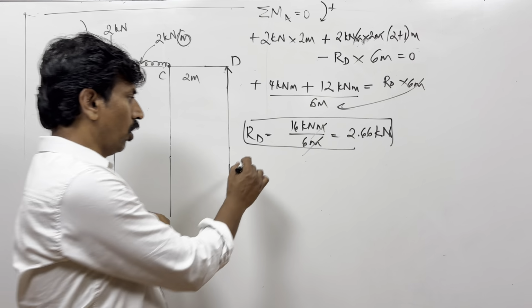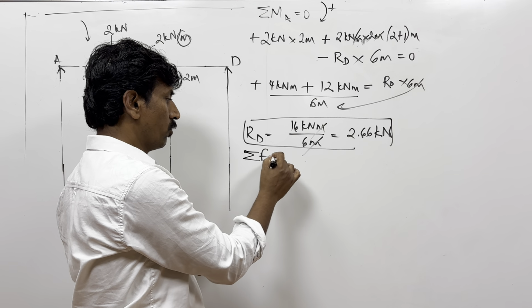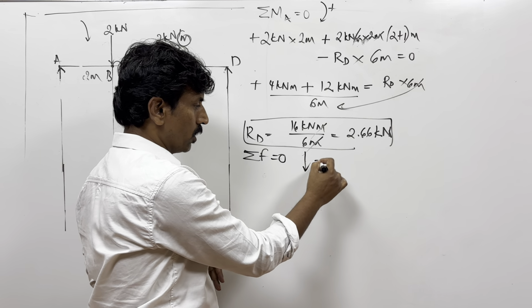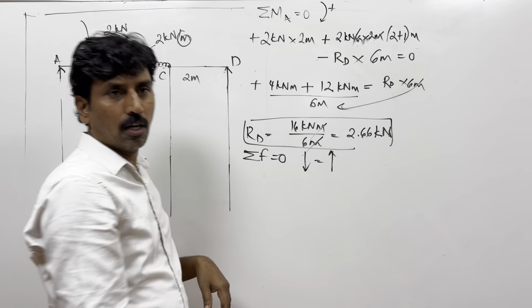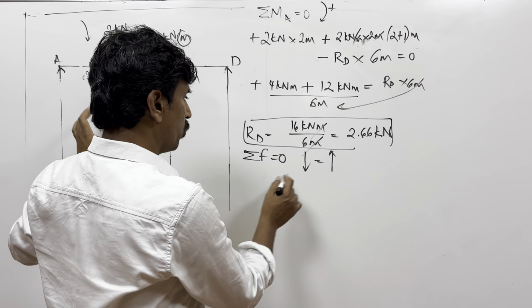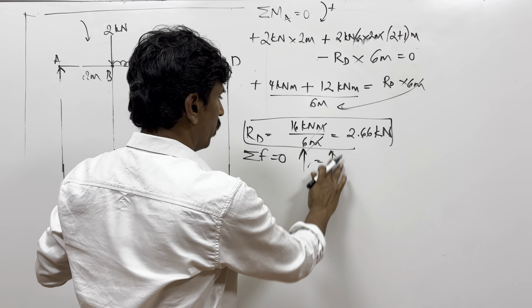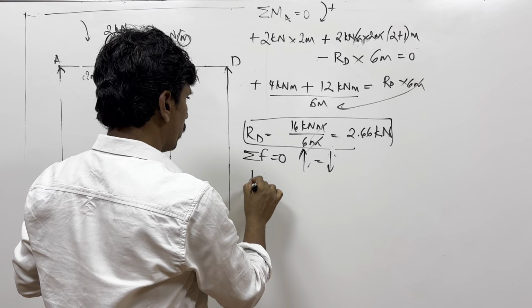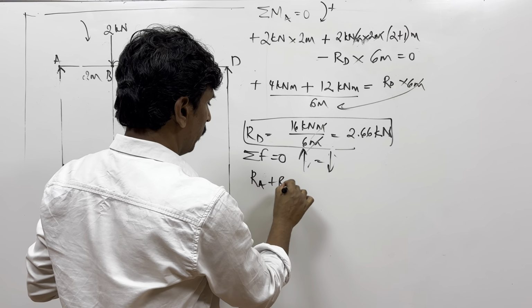So that is summation of forces. That means forces going upwards is equal to forces going downwards. Forces going upwards are RA plus RD.